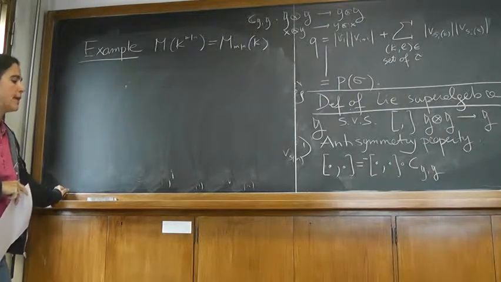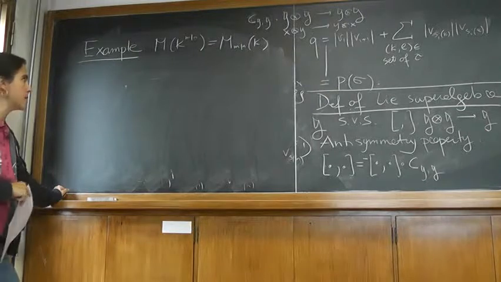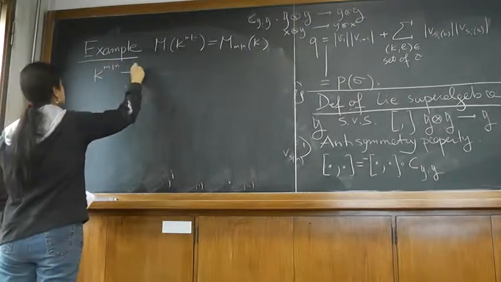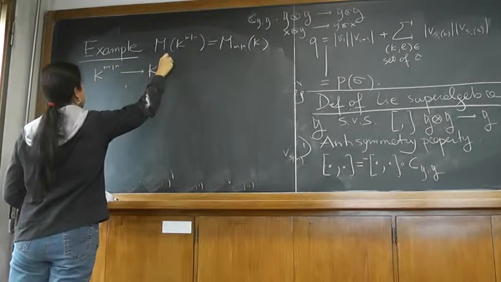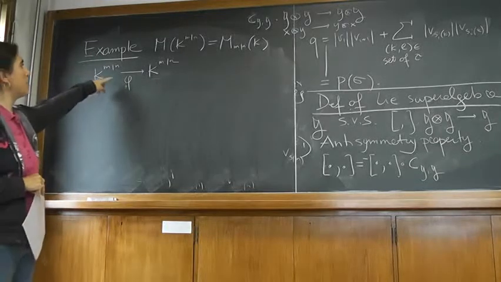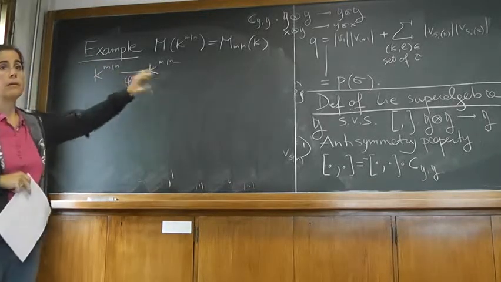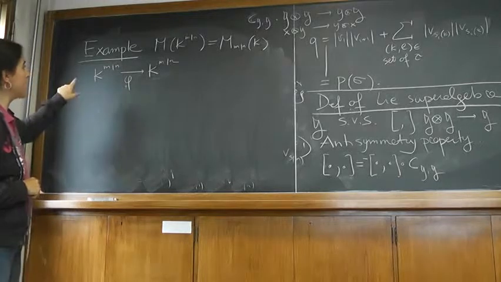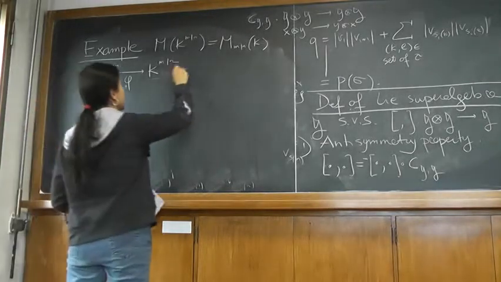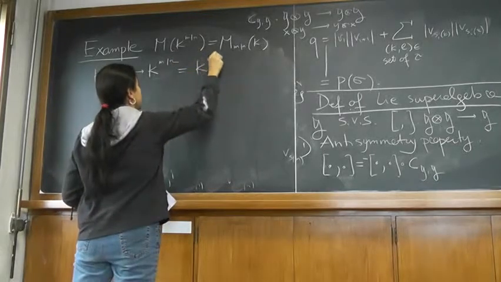Let us look at the super vector space K^(m|n), and we're looking at the morphisms from K^(m|n) to K^(m|n). The fact that we write it like that shouldn't worry you.